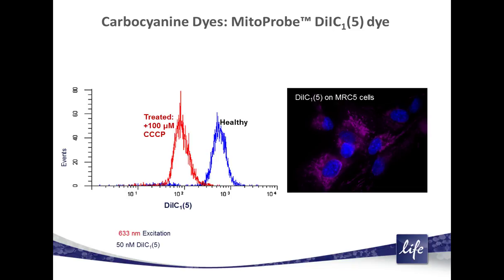The overlay histogram shows Jurkat cells stained with the dye before and after treatment with CCCP, and you can see that there is nearly a decade decrease in fluorescence intensity. And on the right, we can see MRC5 cells labeled, giving a characteristic mitochondrial staining pattern.